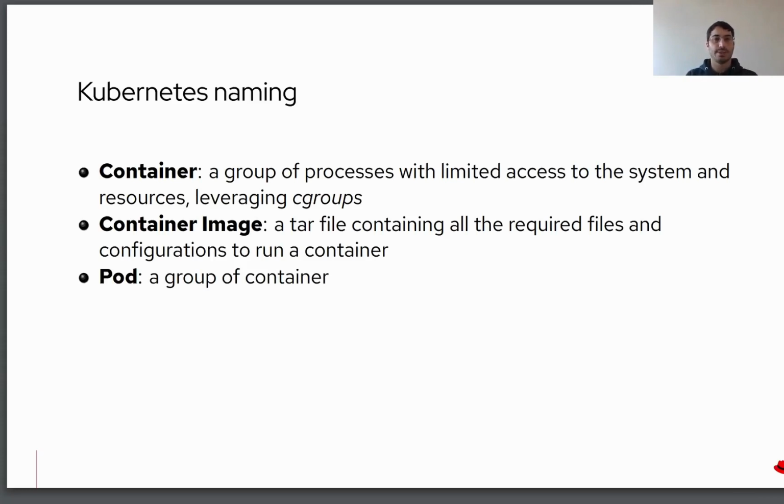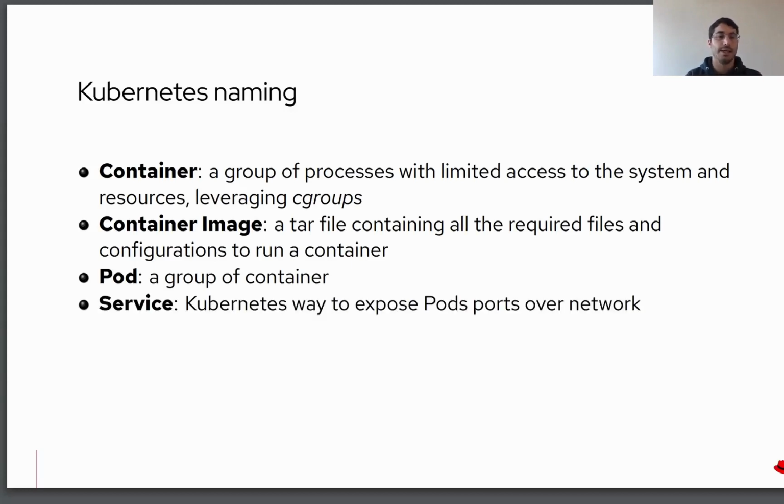Service is what we were discussing before around the fact that we are able to do load balancing and service discovery. The component that allows you to do it is called service in Kubernetes. And persistent volume is the way that Kubernetes thinks about storage.